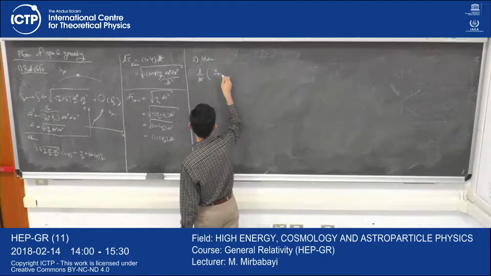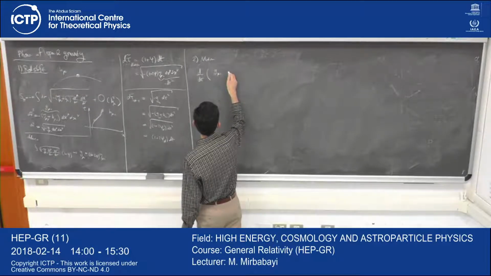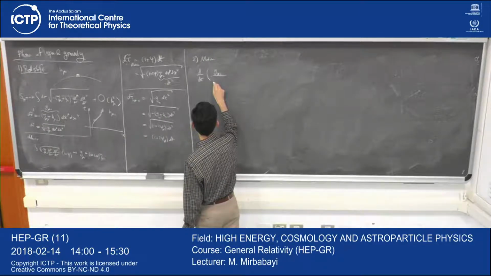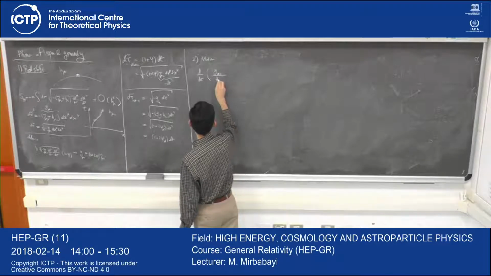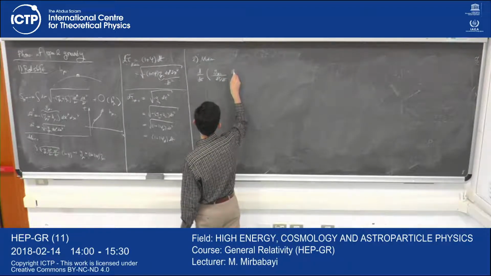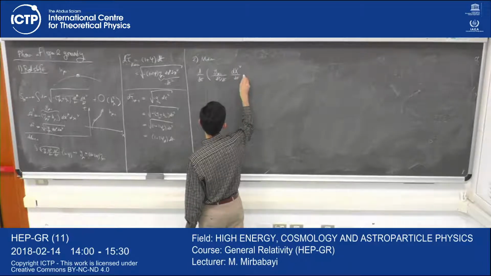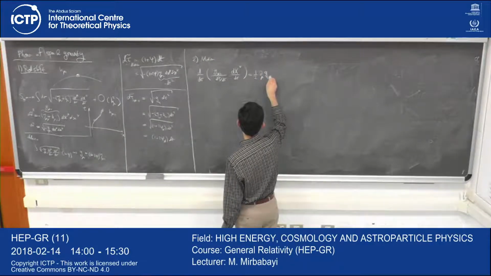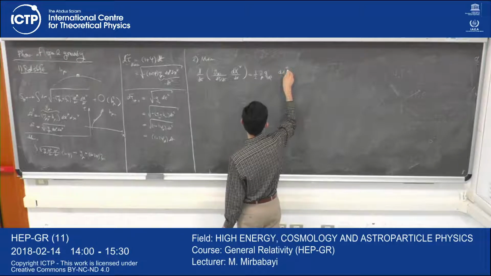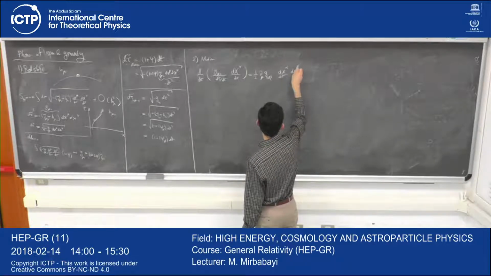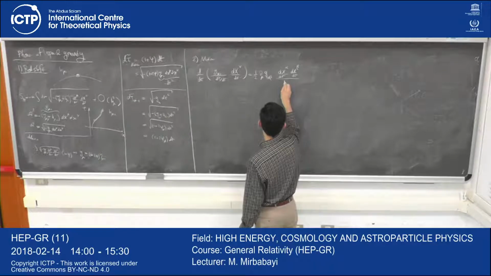So the expression was that G mu nu divided by essentially d tau tilde d sigma times dx nu d sigma equals 1/2 d mu of g alpha beta dx alpha d sigma dx beta d sigma divided by again d tau tilde d sigma.